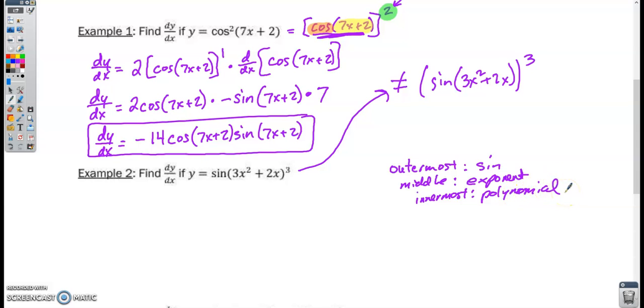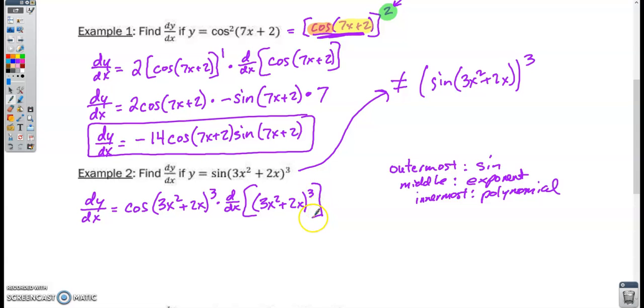So we take the derivative of the outside, leaving the inside the same. Derivative of sine is cosine. Leave the inside the same, times the derivative of the inside. And then we leave that cosine of the quantity alone.